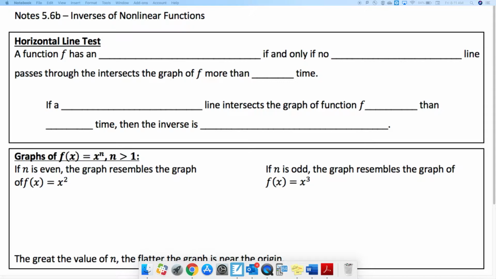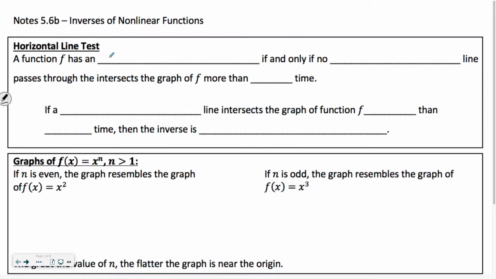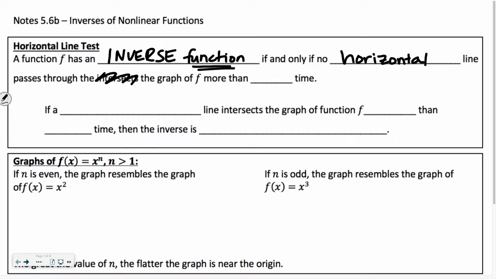So the general definition for a horizontal line test is a function f has an inverse function if and only if no horizontal line passes through, or intersects, the graph of f more than one time.